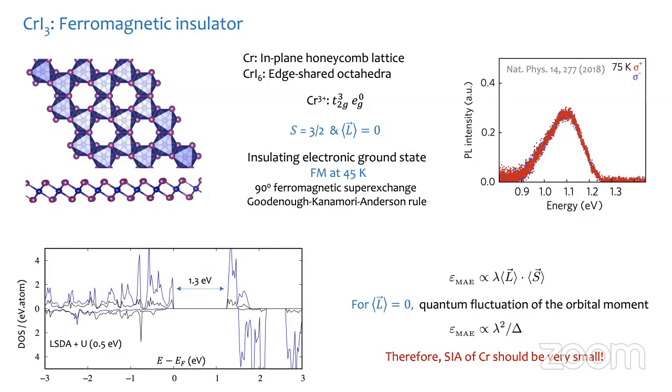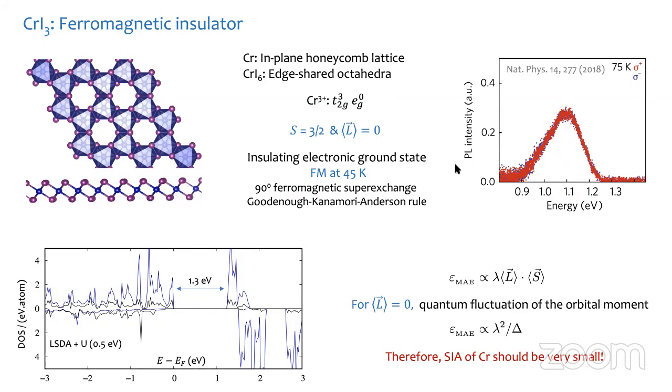So let us look into CrI3. If you look into the crystal structure, the chromium gives rise to an in-plane honeycomb lattice, and the electronic structure is half-filled t2g and a completely empty eg.